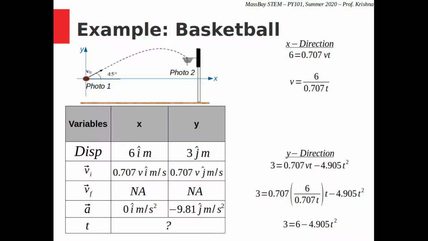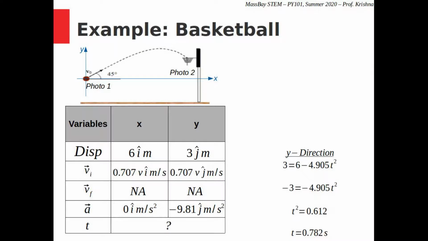We do this by dividing both sides by 0.707 t. This gives us v equals 6 over 0.707 t. Now we can substitute that into the equation for y. The y equation now gets simplified to 3 is equal to 6 minus 4.905 t squared.